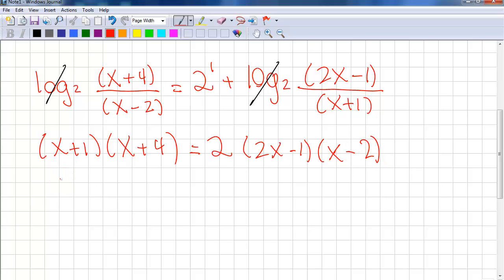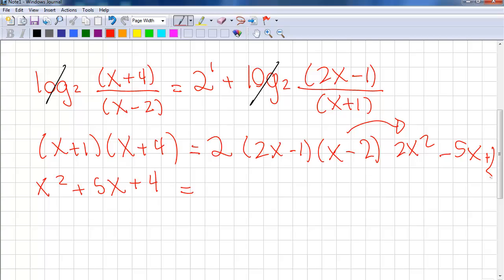So our next step is now filling this out, so we get x squared over here plus 5x plus 4 equals, and let's just do this on the side, so then when we put it down here we can have it multiplied by 2 already. So 2x multiplied by x is 2x squared, and then it would be negative 5x plus 2.